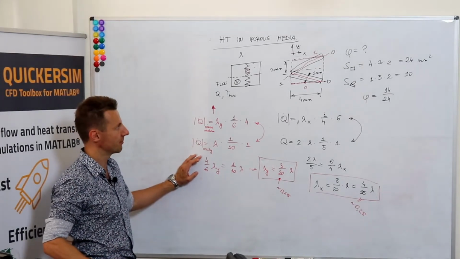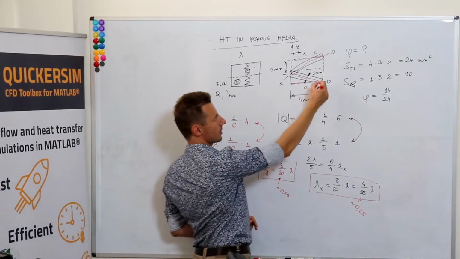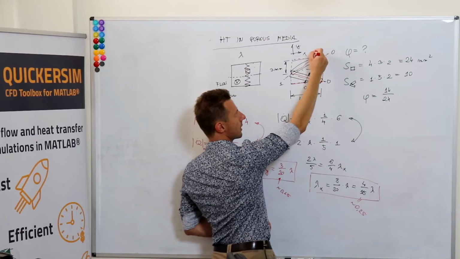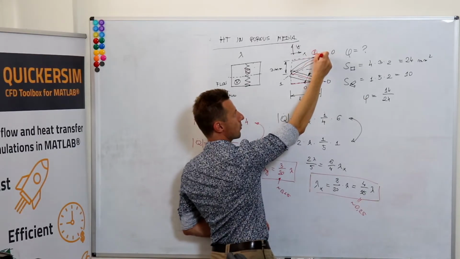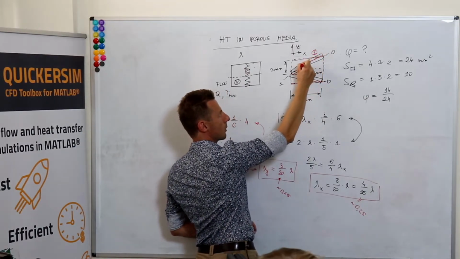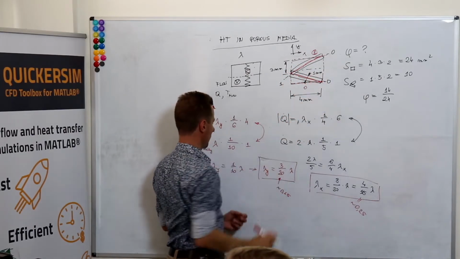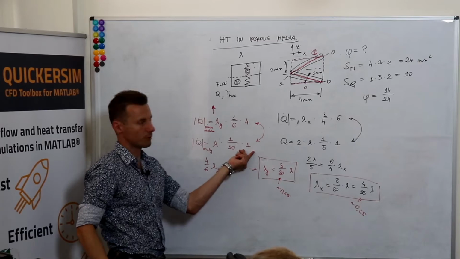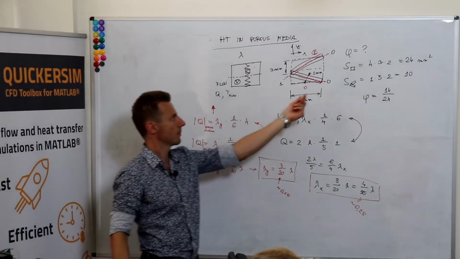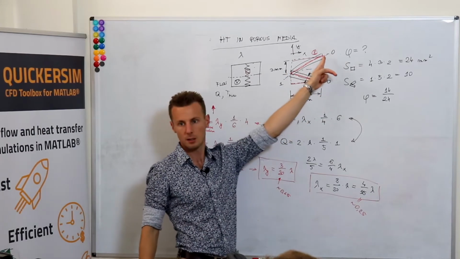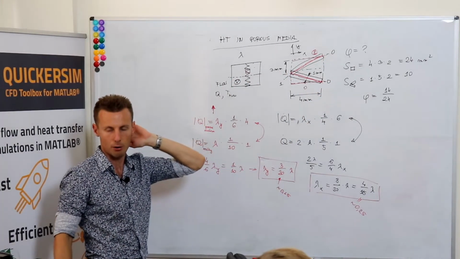Because the physical mechanism is that the heat transfer will start here with temperature of 1, and will be dropping here and here, and you can only use the surface area, basically the thickness of the fin of 1 millimeter to conduct the whole heat along this path.